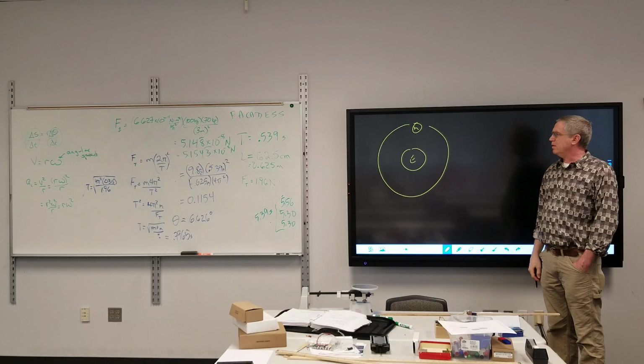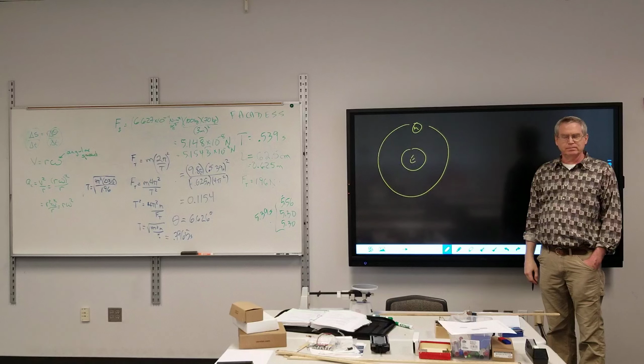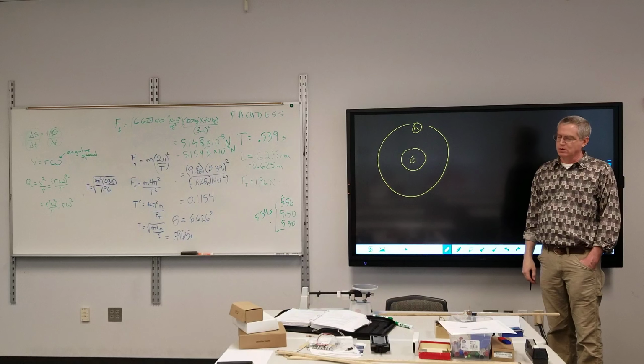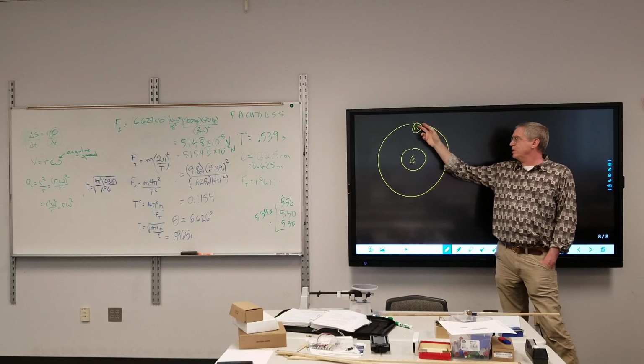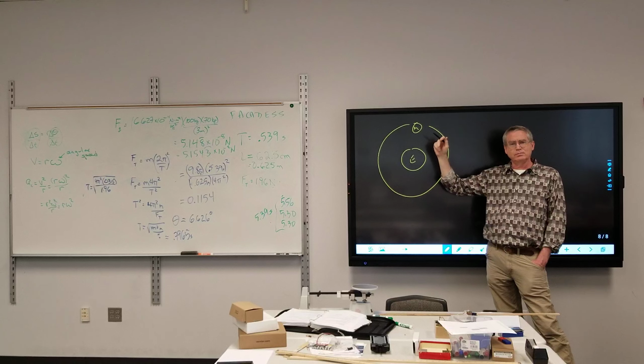I know that the moon is close enough to a circular orbit around the Earth. With the purist, yes, it's elliptical, close enough to a circle. What is the force that keeps the moon going around the Earth? Gravity. Gravitational force. Thank you.